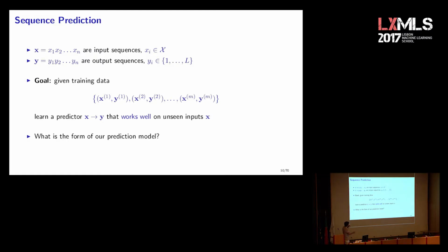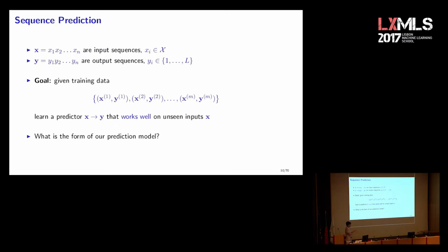The outputs are also sequences, where each element I'm going to call a label. Each of the labels belongs to one predefined set, and we have L labels. This is like in multi-class, so this will mimic multi-class prediction. The main difference is that instead of just having one of these elements, we have a sequence.